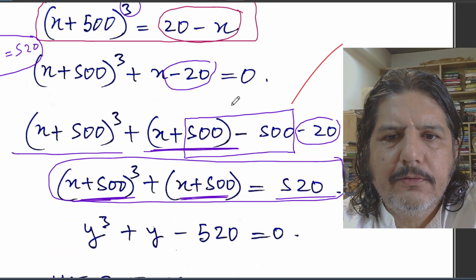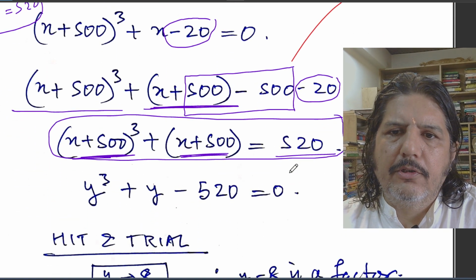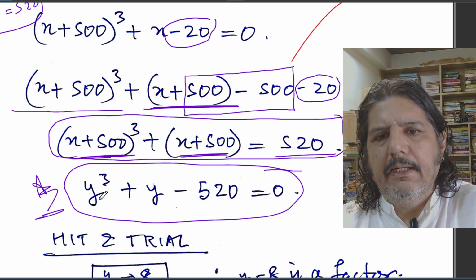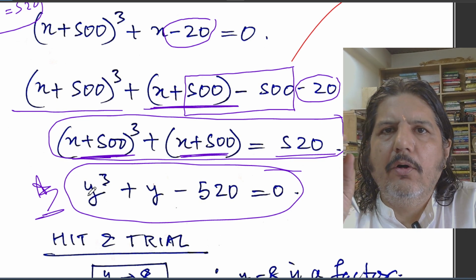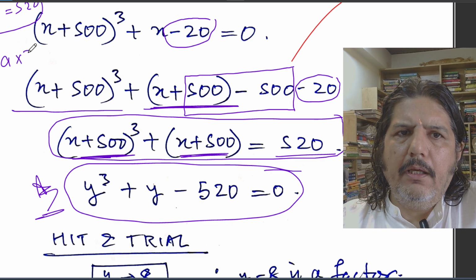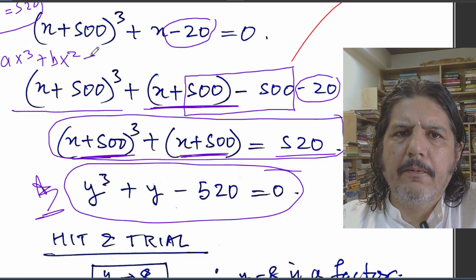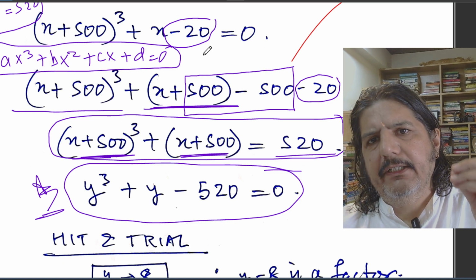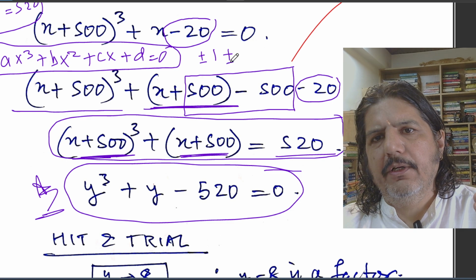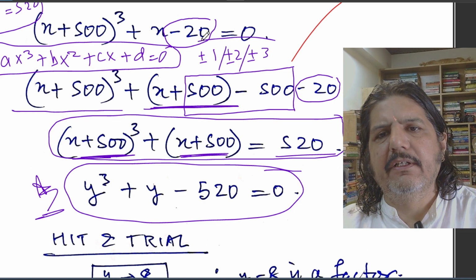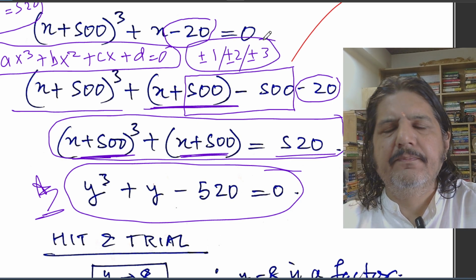In the next step, this is what I have reduced it to. Now, one thing that you need to understand is that in all these cubic equations, so for example, in equations like ax cube plus bx square plus cx plus d is equal to 0, plus minus 1, plus minus 2, and in lesser cases plus minus 3, usually these are the solutions that you will get.